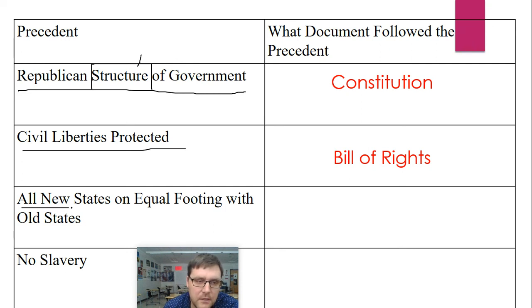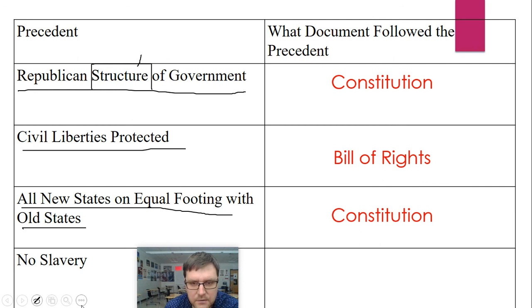What about this one? What about that? Does that seem more like rights or more like government structure? It seems more like government structure, so that would be the Constitution. So hopefully you are applying what you learned just now in this screencast. Now, this last one, no slavery, the Northwest Ordinance did it first.